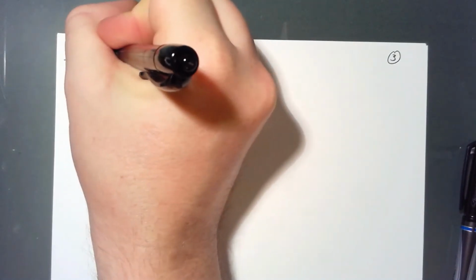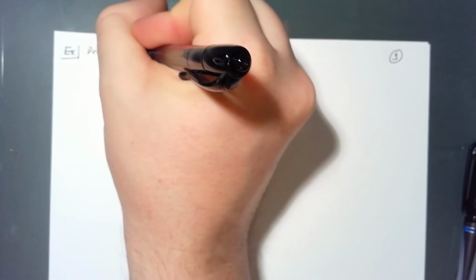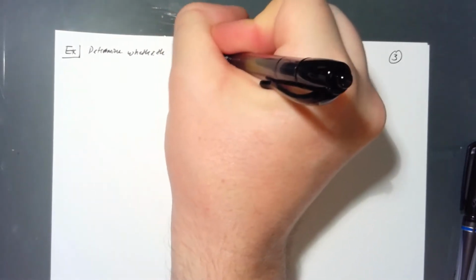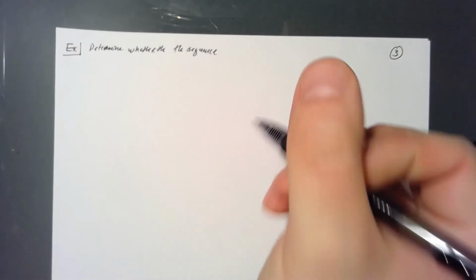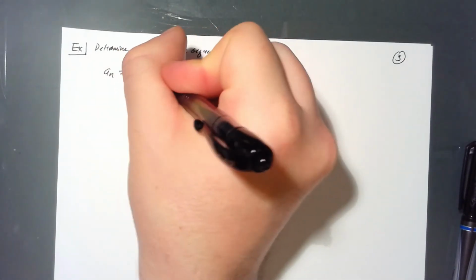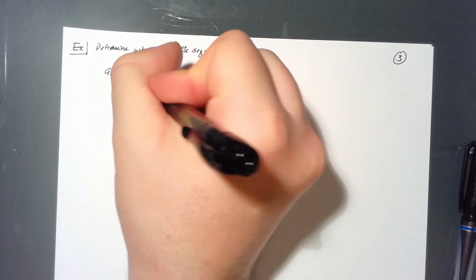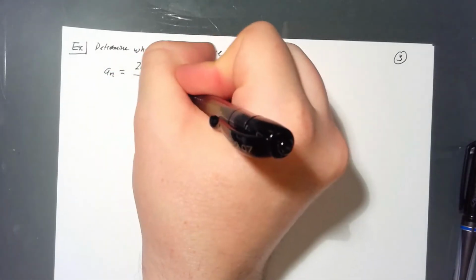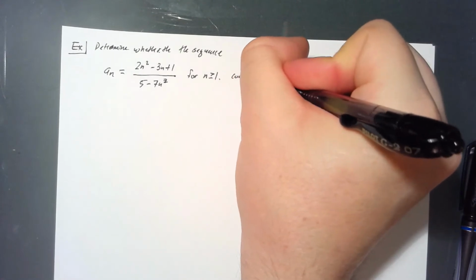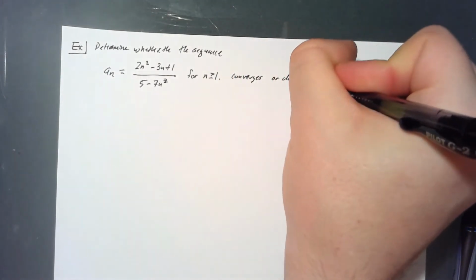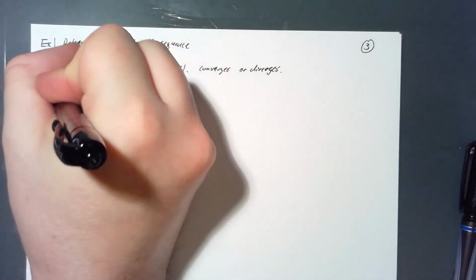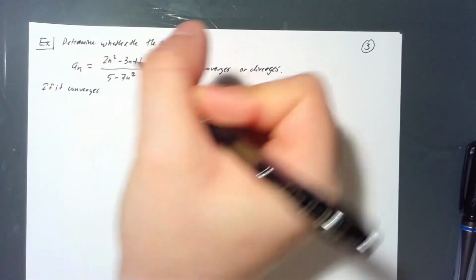So determine whether the sequence a sub n equals 2n squared minus 3n plus 1 over 5 minus 7n squared, that's squared, for n greater than or equal to 1, converges or diverges. If it converges, find the limit.